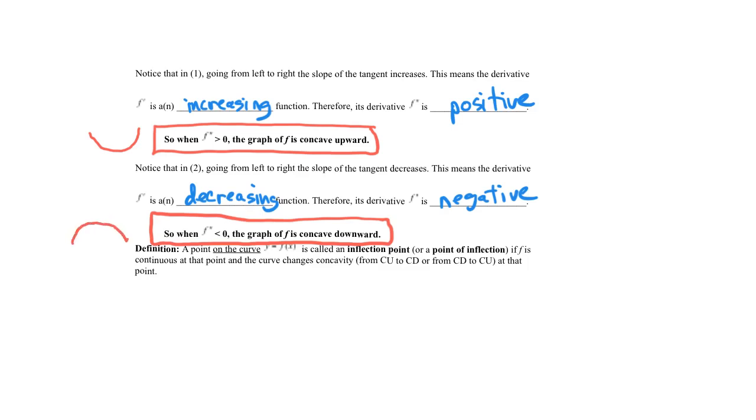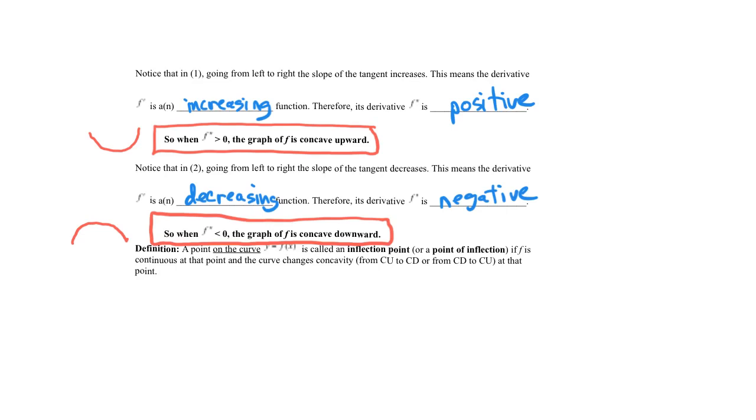I look out there and I see a whole bunch of this. So when you're feeling negative, concave down like a frown. That's an easy way to remember it. And those two facts form the basis of this second derivative test, which we will look at soon.